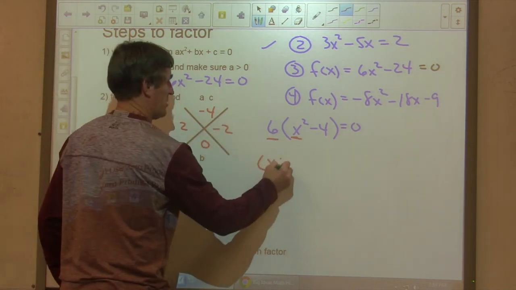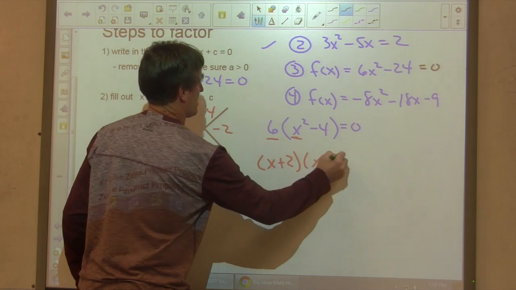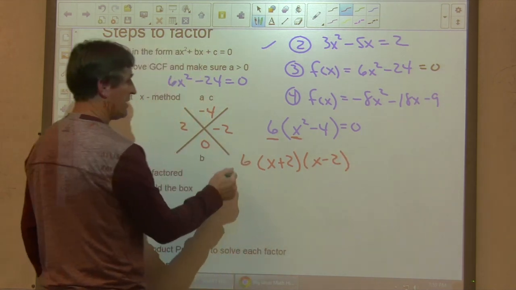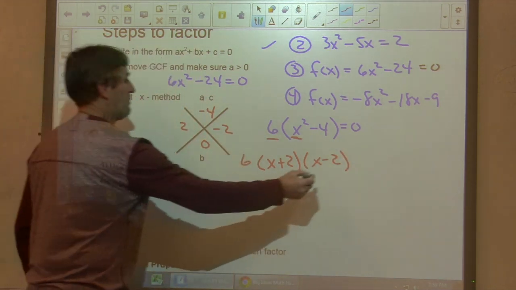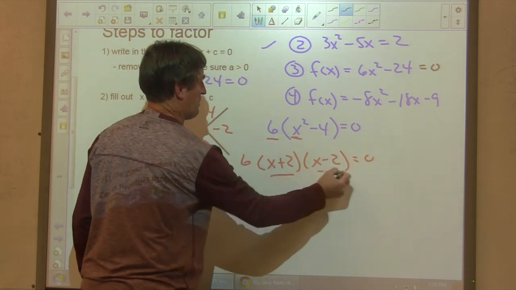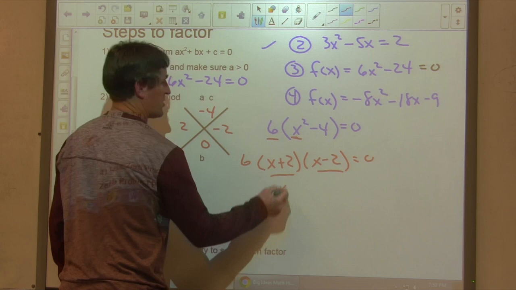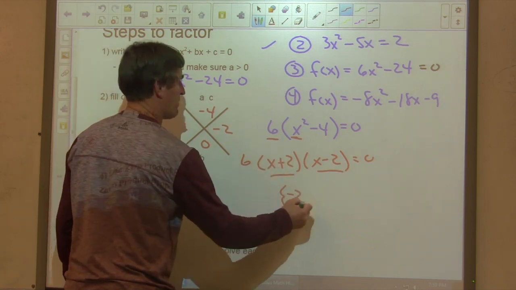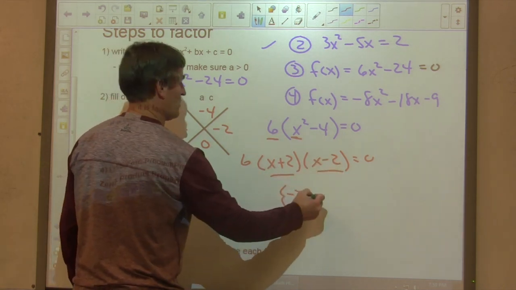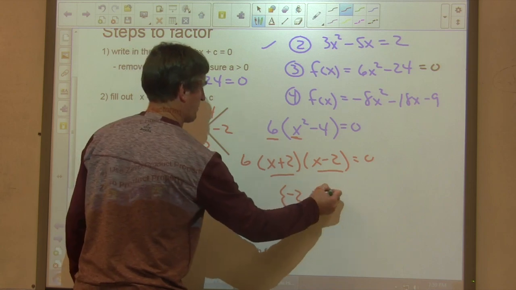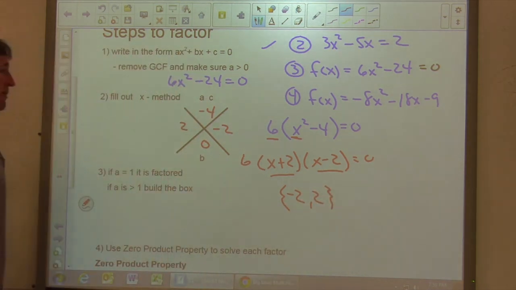It's x plus 2 and x minus 2. That 6 is out here, but again, that 6 can't be equal to 0. So we only have to worry about these two parts, the factors that have x's. And so the opposite of 2 would be negative 2, and the opposite of negative 2 would be positive 2. And so we're done. It's negative 2 and positive 2.